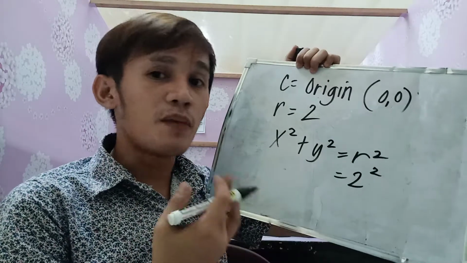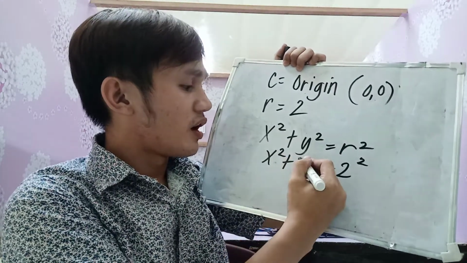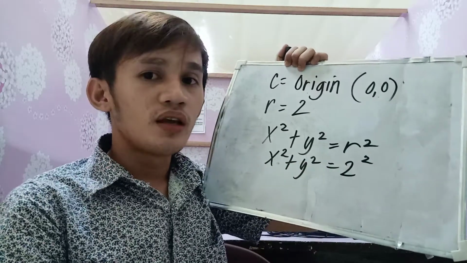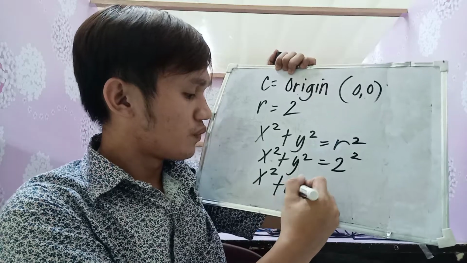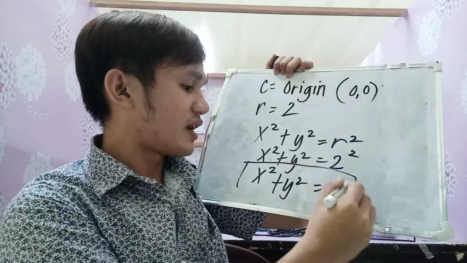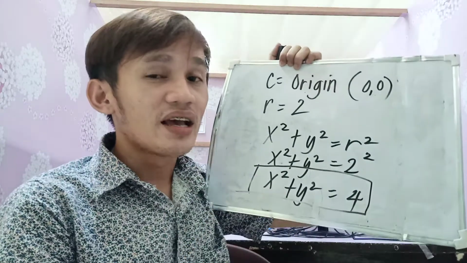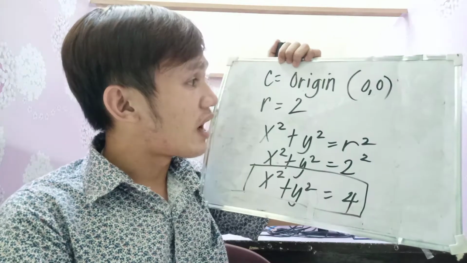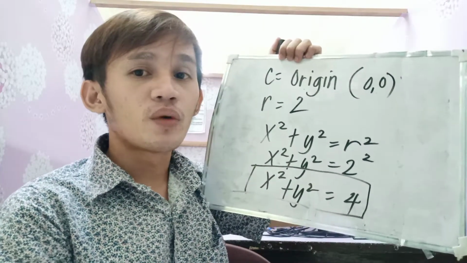You bring down x squared plus y squared, then square your radius, which is 2. 2 squared is 4. And this is the standard equation of your circle already, given the center as the origin and the radius, which is 2.